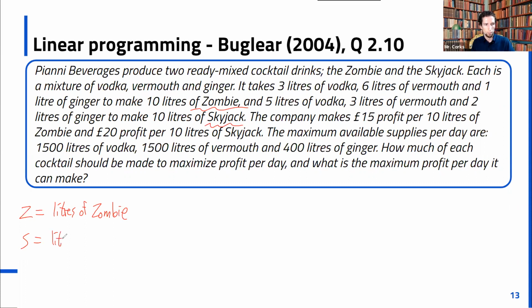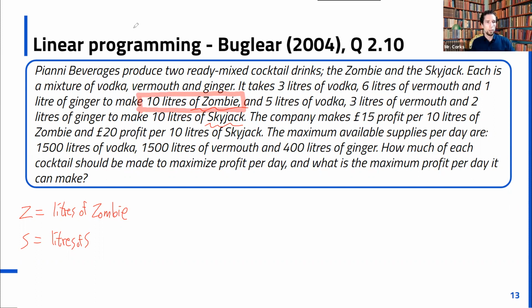Professor, I think should it be 10 liters of each of the drinks? Okay, yes. It would work either way, as long as we're consistent with it. I'm just trying to remember how I set this up on the next slide, just so I can be consistent here. Yep. Okay.